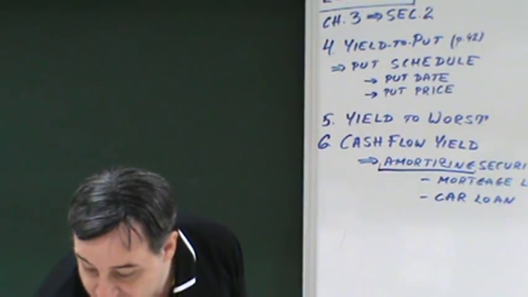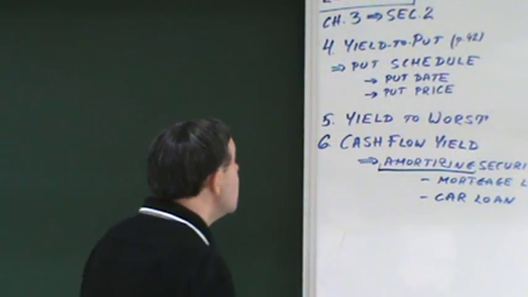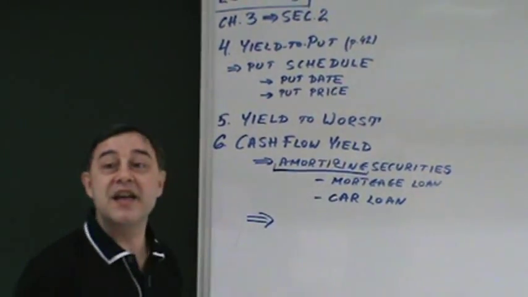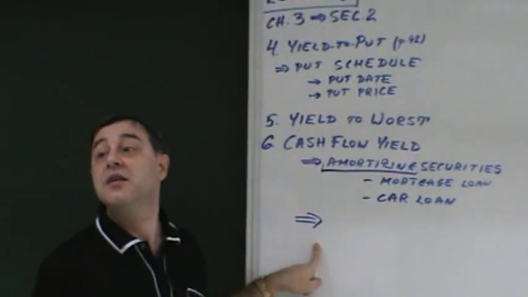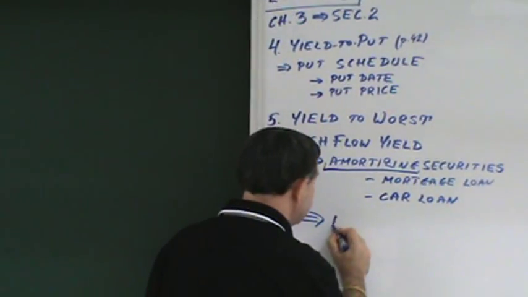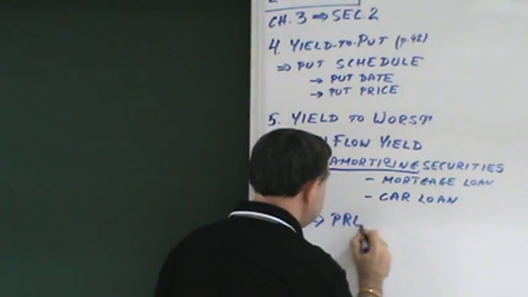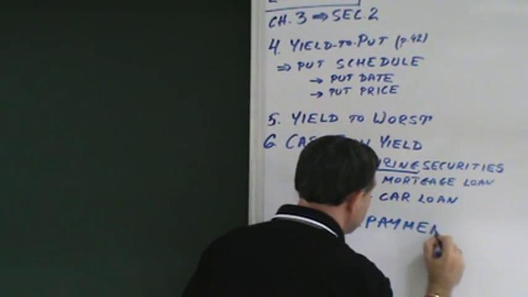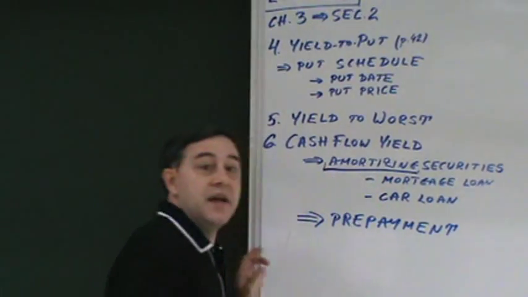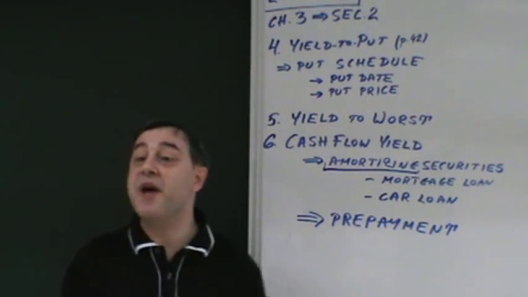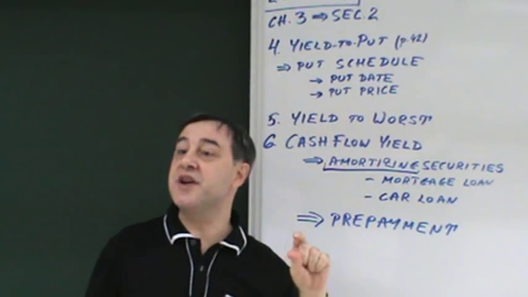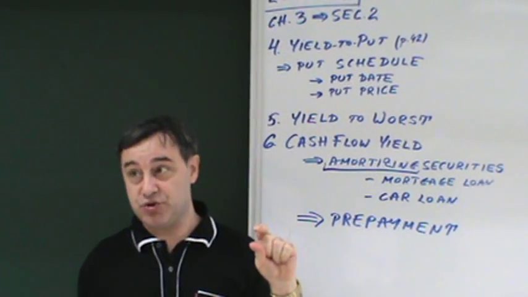So, when you have amortizing securities, you have a major risk, and the risk is that of prepayment. Prepayment is paying more principal than it has been originally scheduled.